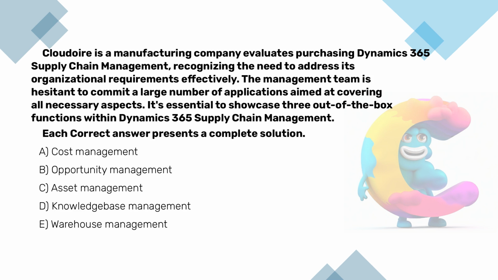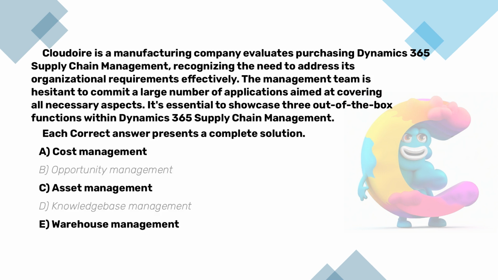Okay, now pause the video here, have a bit of think, and then continue when you are ready. The three built-in functions in Dynamics 365 Supply Chain Management that are essential and relevant for a company's needs are: cost management focuses on optimizing spending across all areas of the business, including procurement, production, distribution, and sales. It helps in identifying inefficiencies and reducing overall costs.